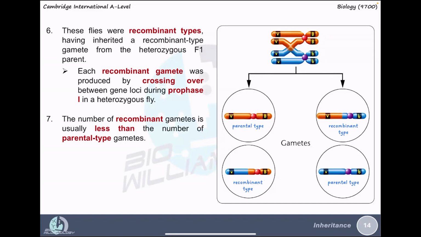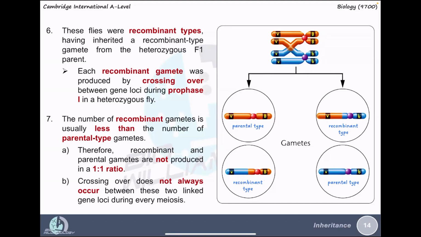This explains why parental type offspring have higher occurrence compared to the recombinant type. Therefore, recombinant and parental gametes are not produced in a 1:1 ratio.